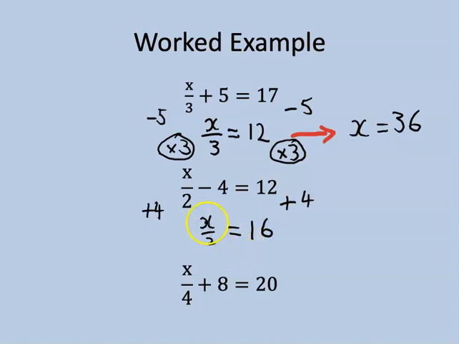Now, if I've got x over 2 equals 16, instead of dividing by 2, I times by 2 on both sides. This means that the 2's cancel out on this side, so I get x. 16 times 2 is 32.